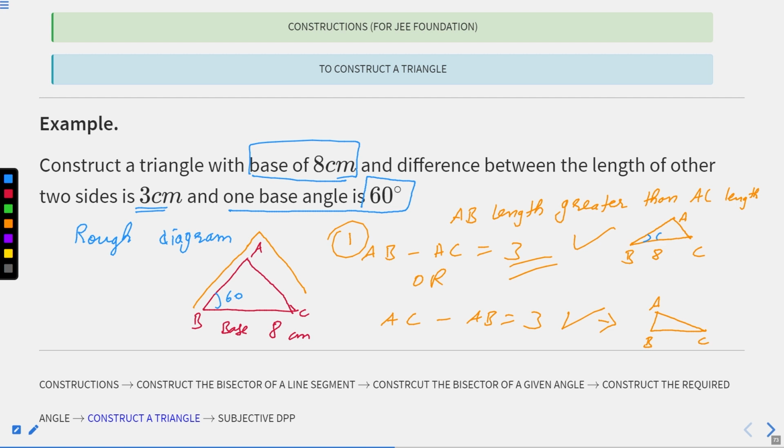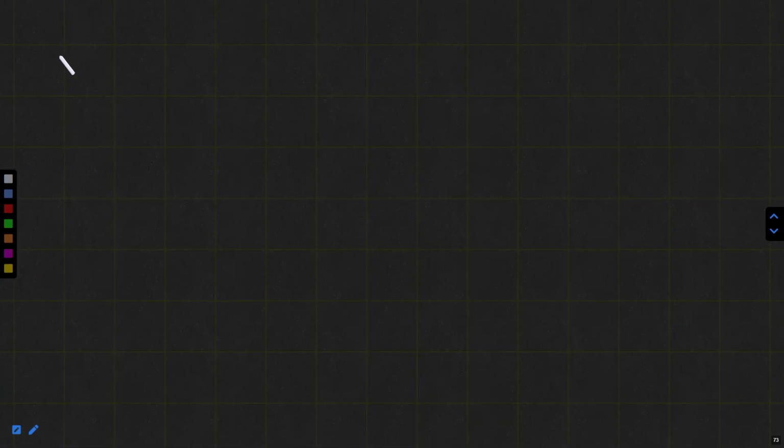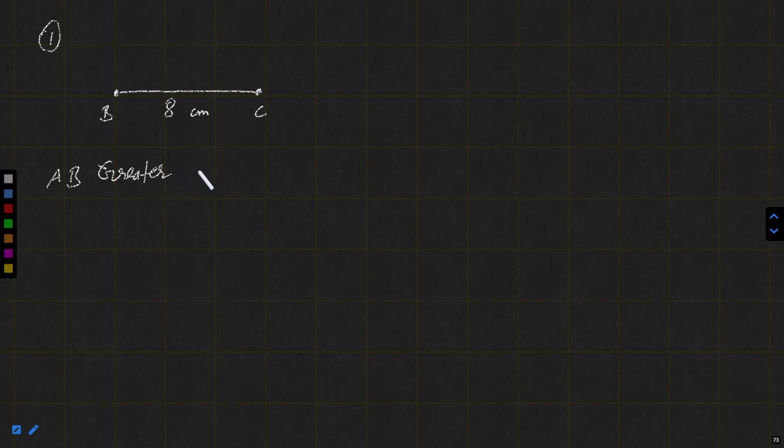So assume we will be taking angle B as 60 degrees in our construction. First we will use a ruler to measure the 8 centimeter length and create a line segment BC with it. I am doing it for when the AB length is greater than AC.